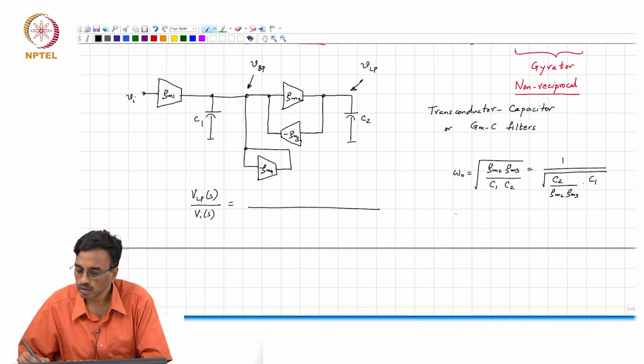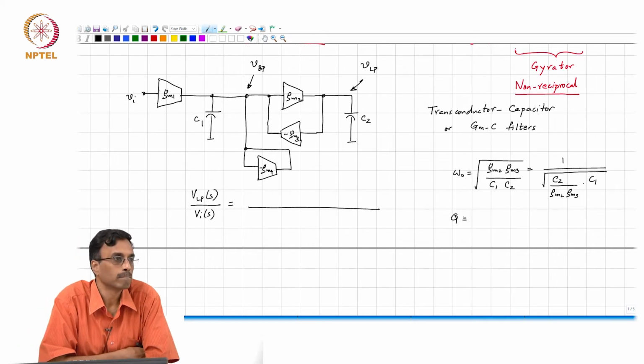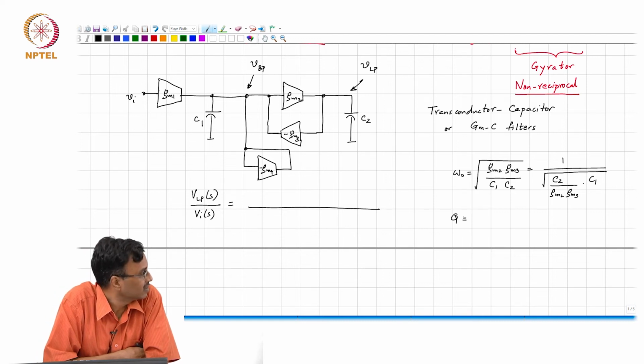What about the Q? Again, the easiest thing to do is to simply imagine the correspondence with the LC network.